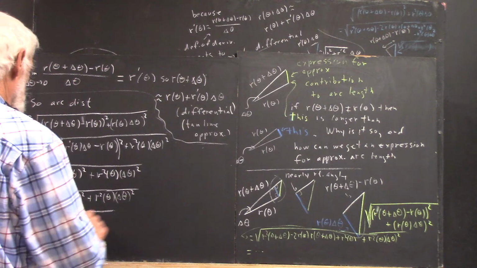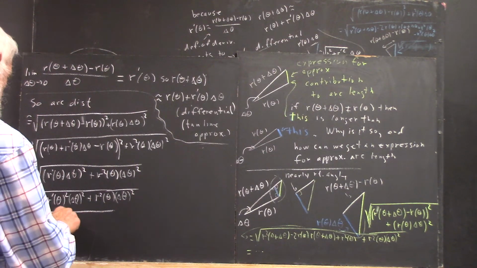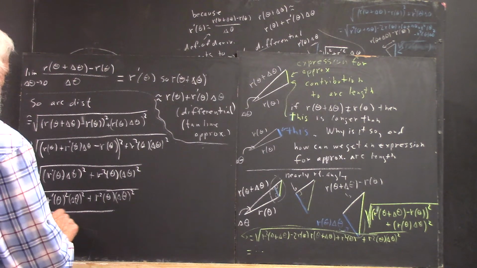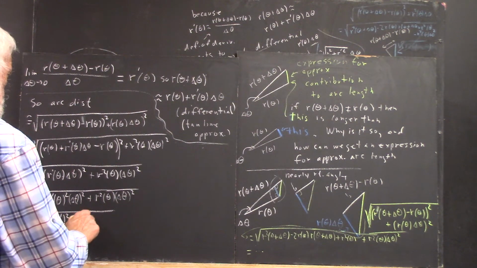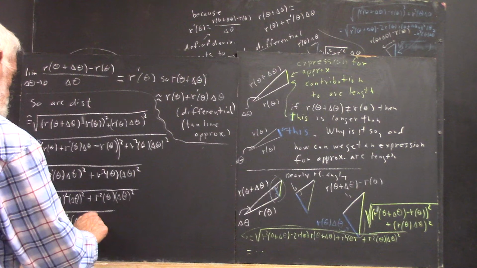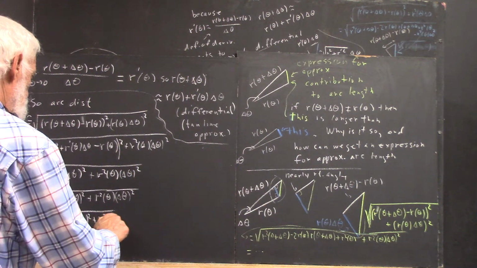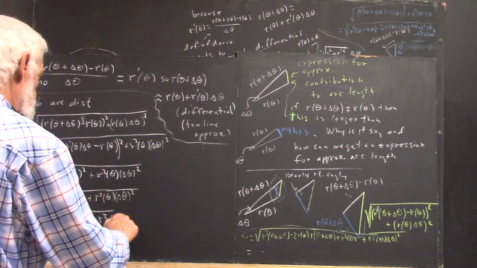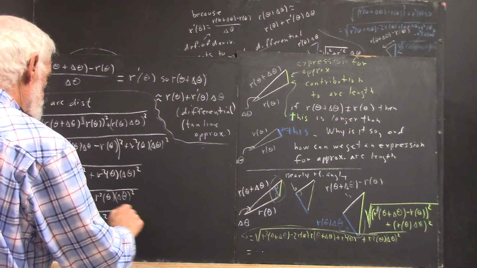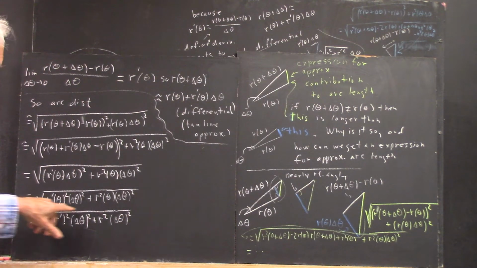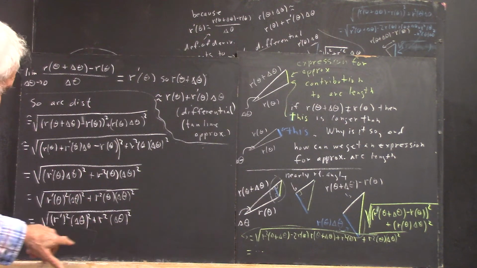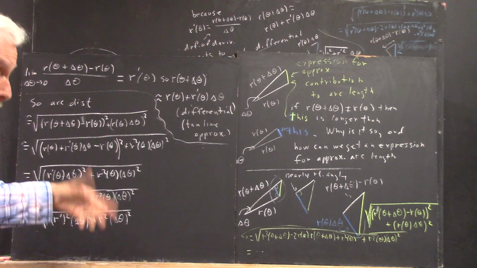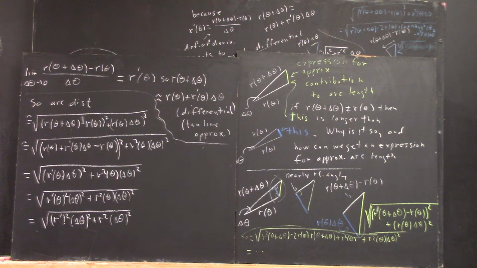Could have done this much earlier, but just suppress the functional notation on theta, understanding that r prime and r are both functions of theta, which we've reinforced a number of times.